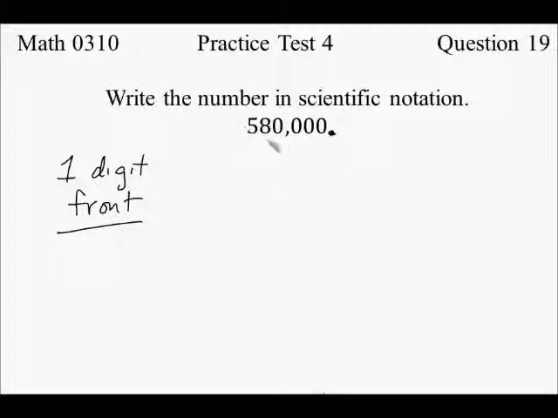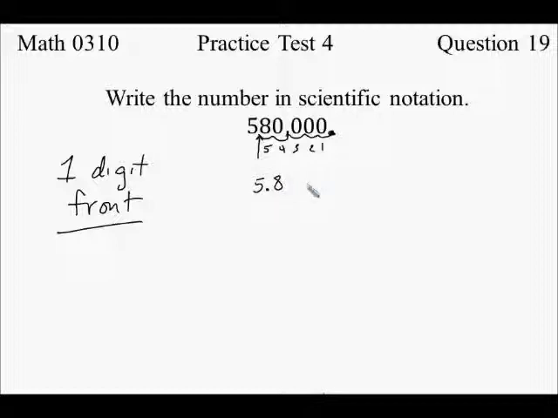What we want to do is write this with the decimal place in between the 5 and the 8, so we only have one digit in front of the decimal place. We would need to move it over 1, 2, 3, 4, 5 places, which will give us just one non-zero digit in front of the decimal.